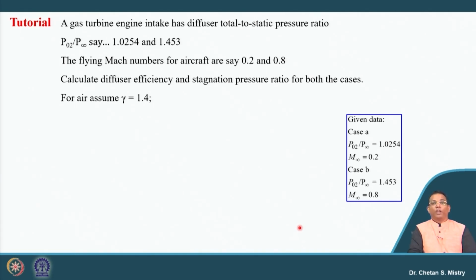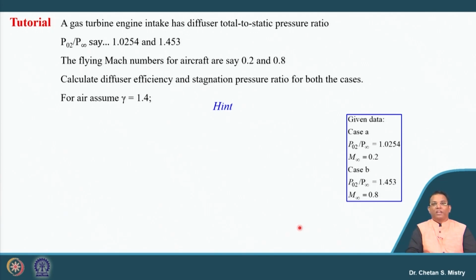We need to calculate the diffuser efficiency and stagnation pressure ratio for both cases. Here we take gamma equal to 1.4. Let us understand how to solve this numerical. What is my requirement? I need to calculate the diffuser efficiency and stagnation pressure ratio.